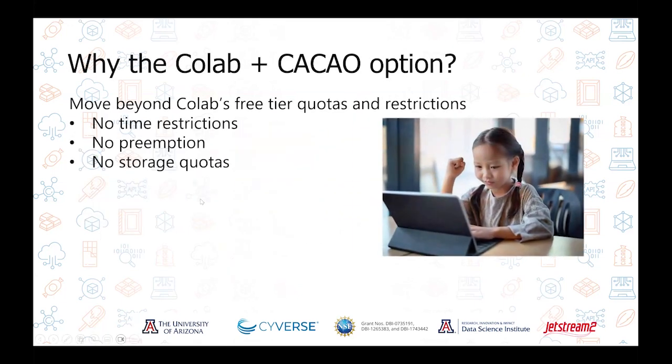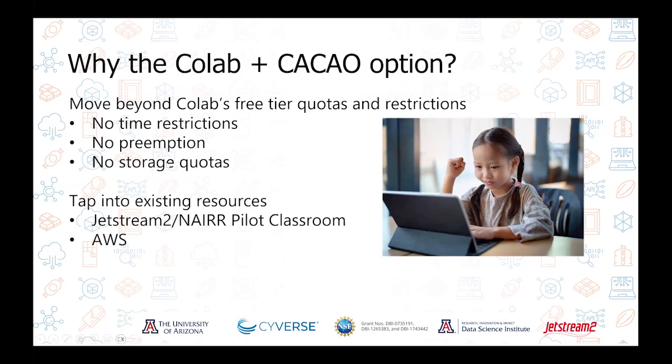So some of the benefits of using CACAO with Colab is that you can break out of those free tier quotas and restrictions, so you won't be limited by time or preempted because you're not a paid member. You won't have quotas restricted by Colab, though you may have quotas for certain clouds, depending on the size of the VM that you launch in, let's say, Jetstream 2 or AWS.